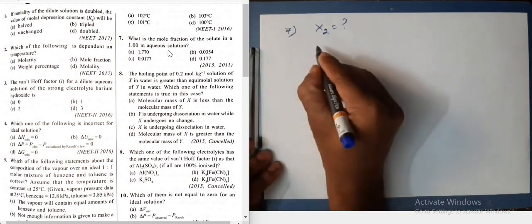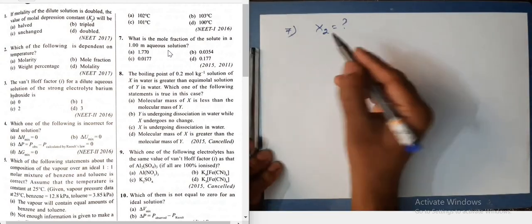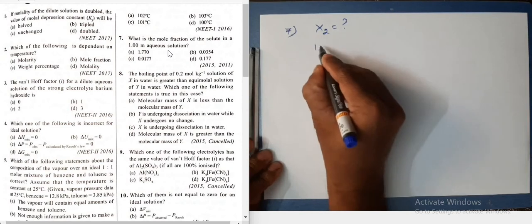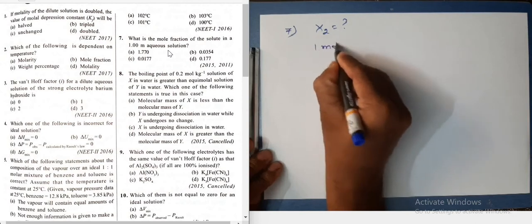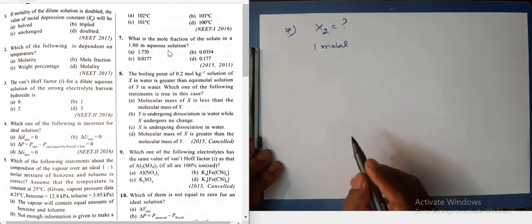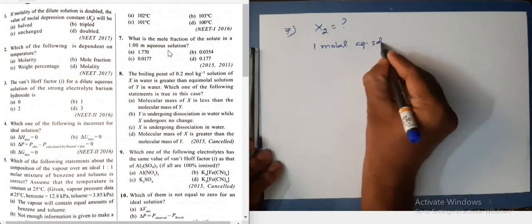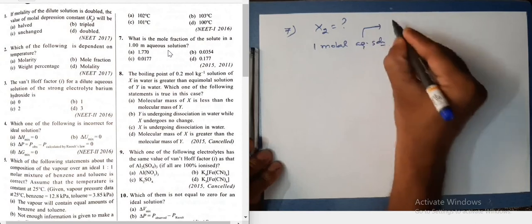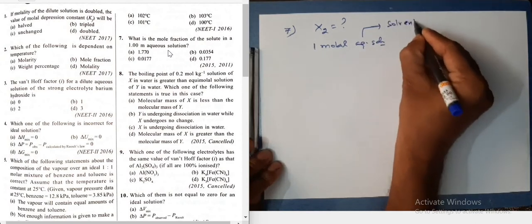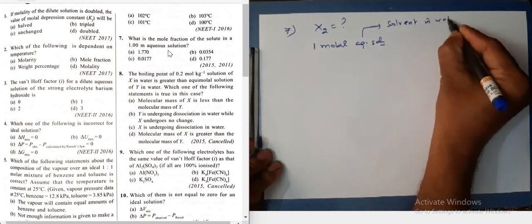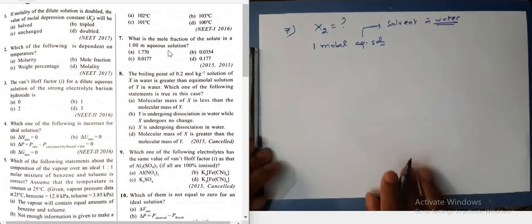And what is given? A 1 molal solution is given. Small m indicates molal. A 1 molal aqueous solution is given. Aqueous solution means the solvent is water here.